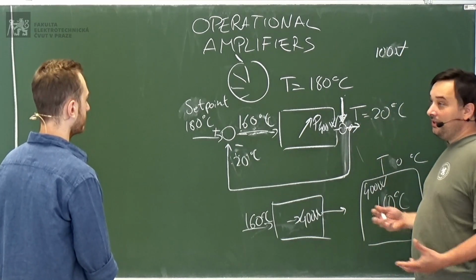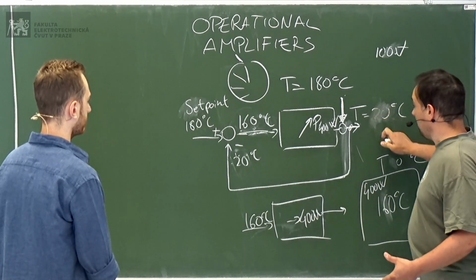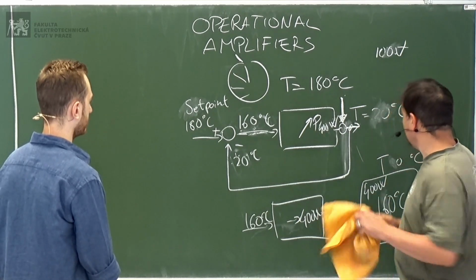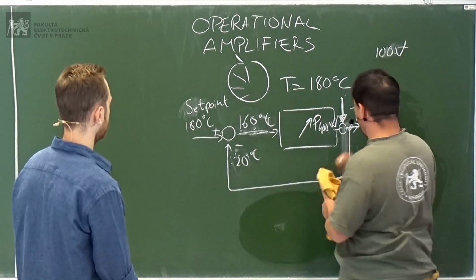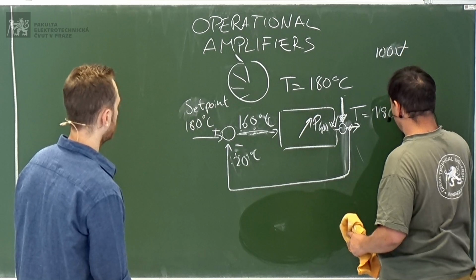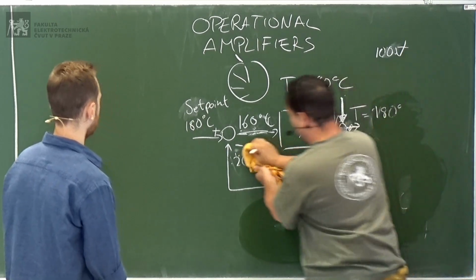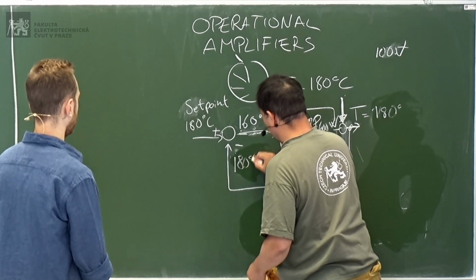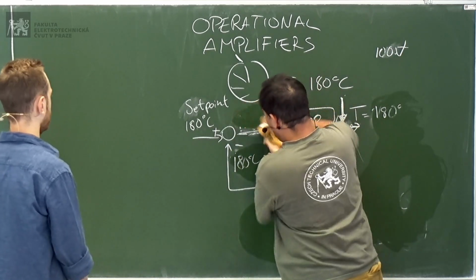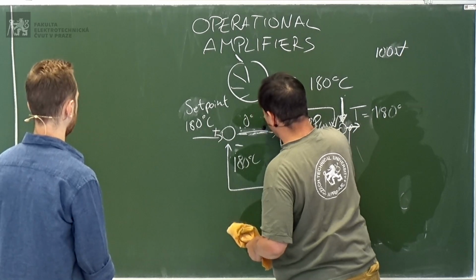I subtract some heat. Let's say that we are in equilibrium, okay? So we have 180 degrees. But the disturbance is 0, and here you have 0 difference.